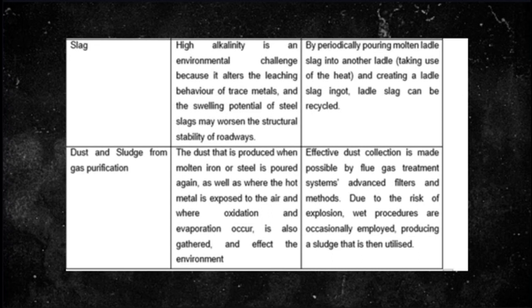For the waste control, effective dust collection is made possible by flue gas treatment systems and advanced filters, due to the risk of explosion. Wet procedures are occasionally employed, producing a sludge that is then utilized.